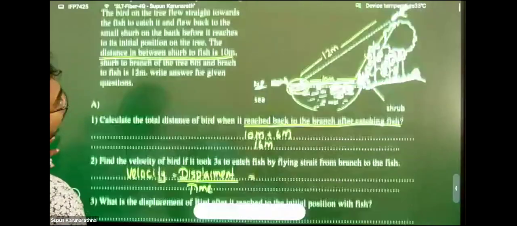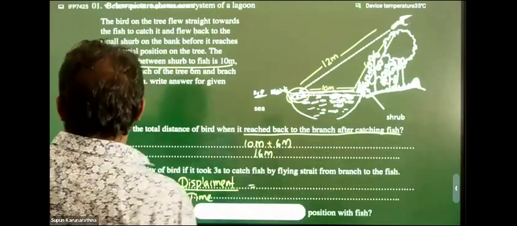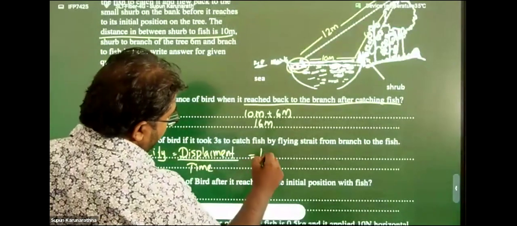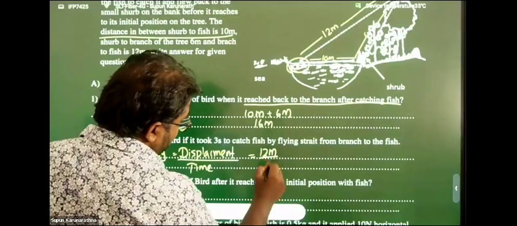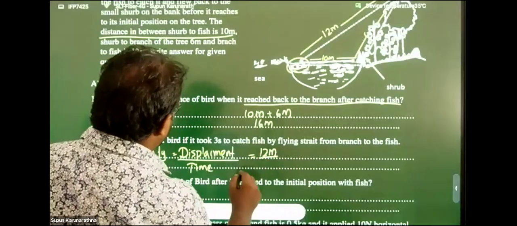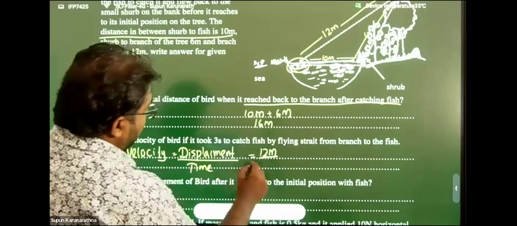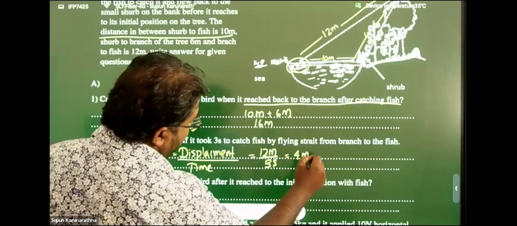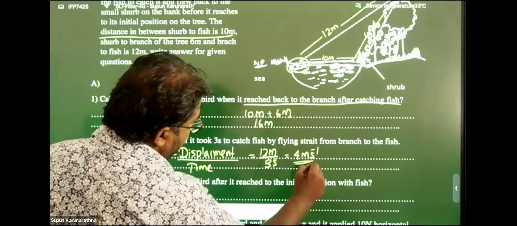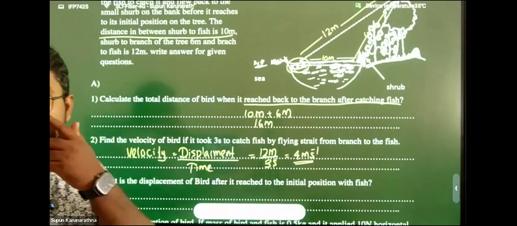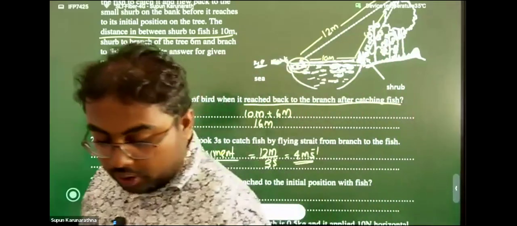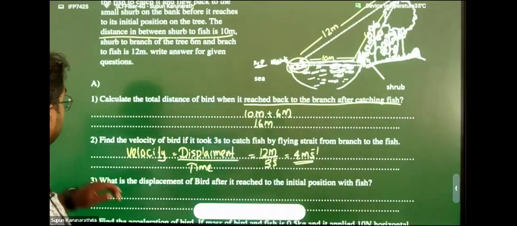Therefore, displacement is 12 meters. So 12 meters divided by the time, 3 seconds, gives 4 ms minus 1. The answer will be 4 ms minus 1.